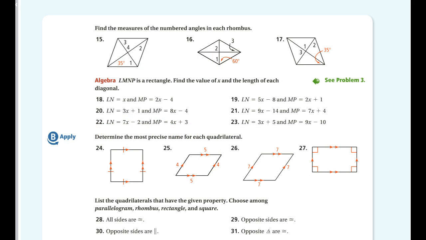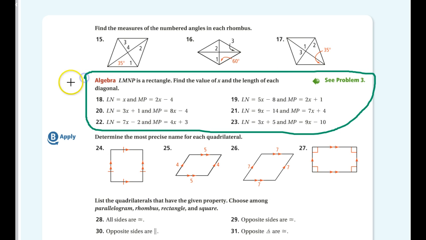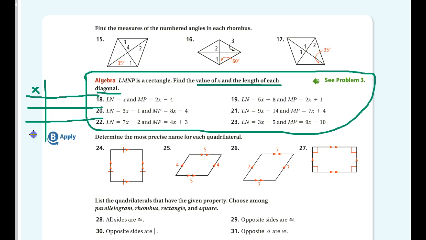Okay, we're going to take a look at problems 18 through 23. Pause the recording now and work through these, and then come back and we will check the answers. Okay, for number 18, they ask you to find the value of x and the length of each diagonal. In this case, x is equal to 4. I'm going to make a little chart here so we can see exactly what the answers are.